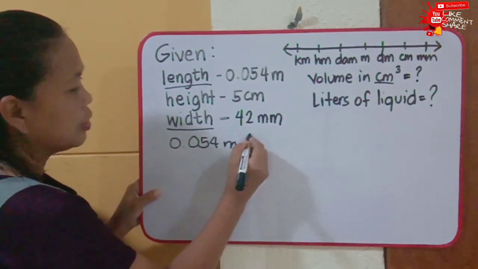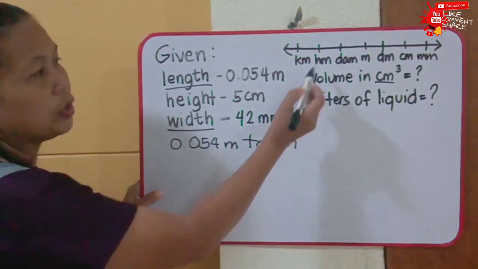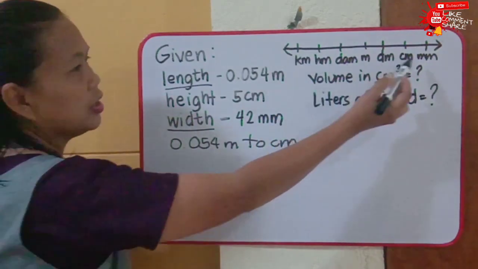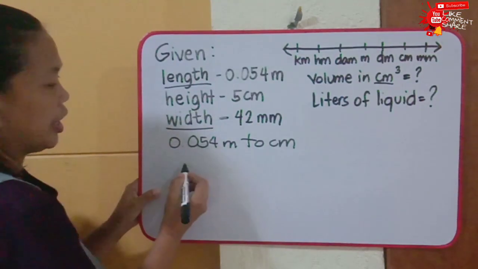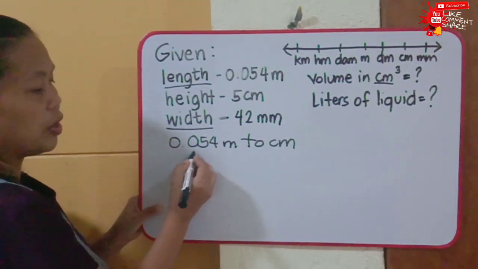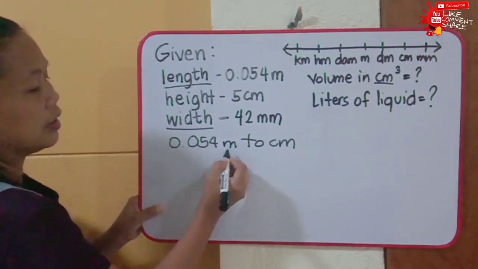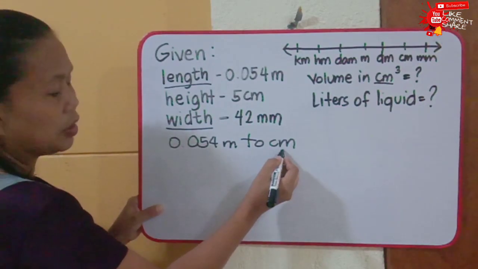So let us convert 0.054 meters to centimeters. Again, we will use the metric converter, arranged from the largest to the smallest, from left to right. To change 0.054 meter to centimeter, let us count the number of spaces between meter and centimeter.